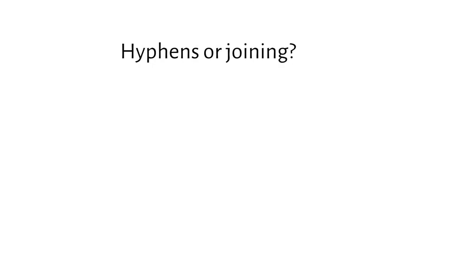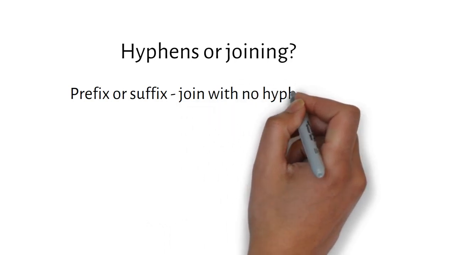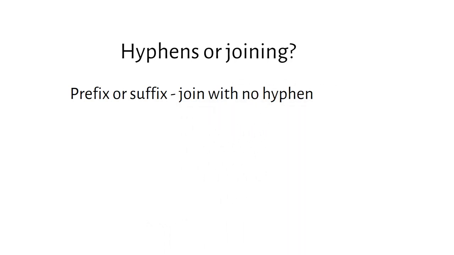I see you have used a hyphen sometimes. When should you put a hyphen in, and when should you just join the morphemes? Again, this often depends on readers' preferences. But here are some guides. If a morpheme is a prefix or suffix, we usually just join it with no hyphen.